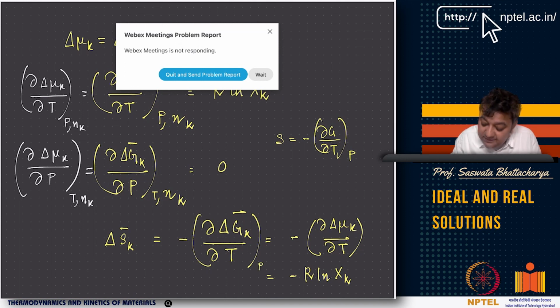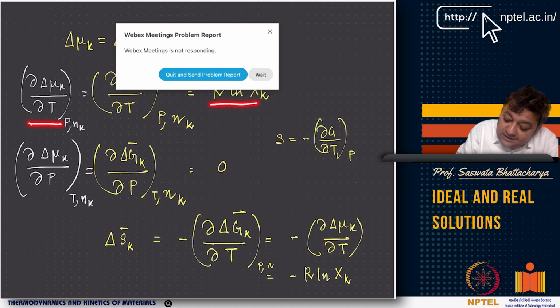So this is P and we are writing Nk. Now this becomes minus of, since delta Gk bar and delta mu K are the same, and we know that this equals R ln xk.